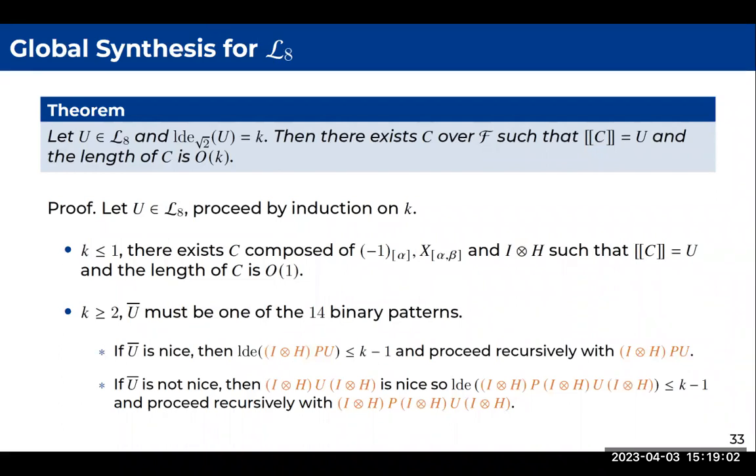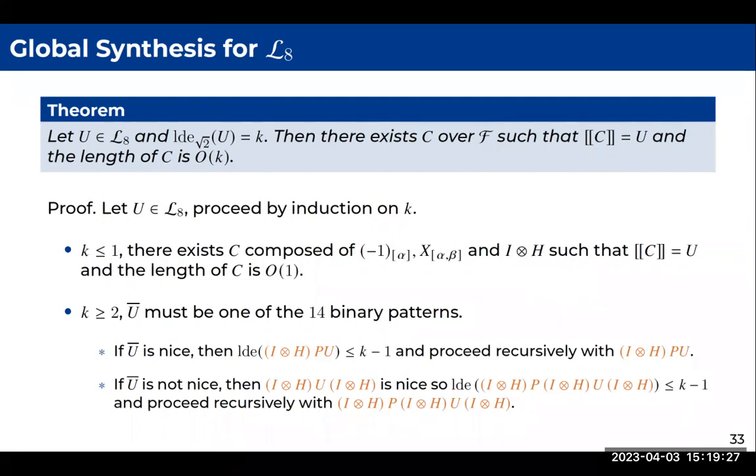When k is 1 or 0, it's a very simple case. You can just do either a sign flip or a swap performed by this X alpha beta, or you can just do I tensor H as we did before, do some linear transformation, and then you have identity.